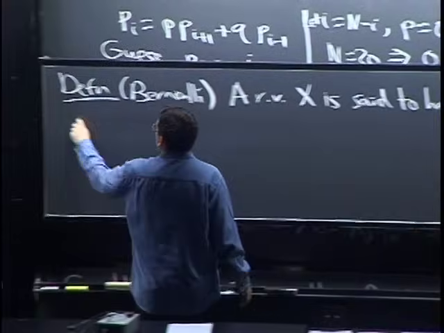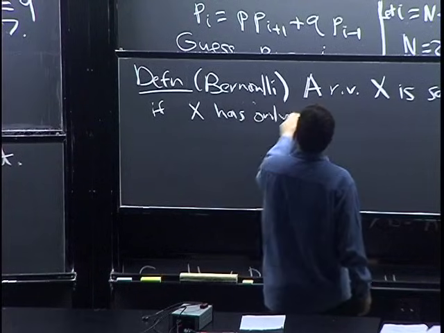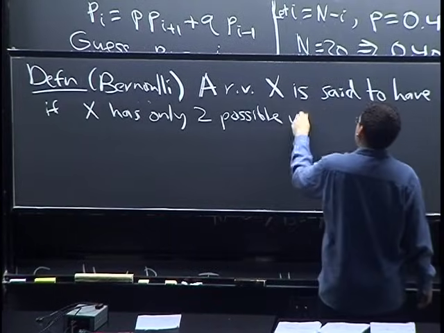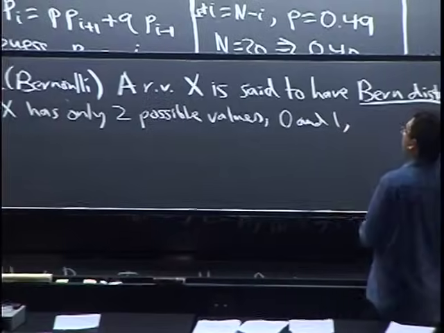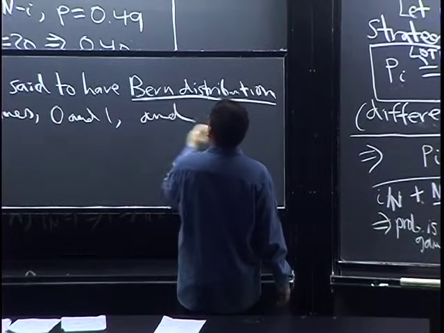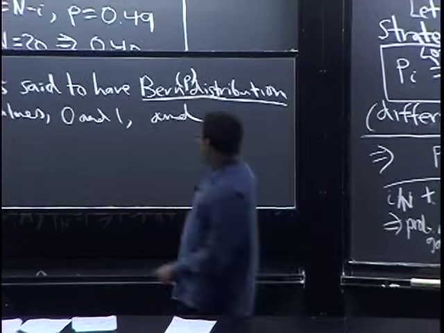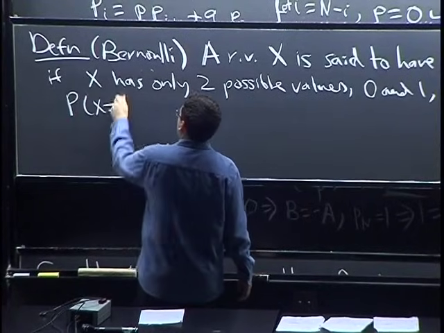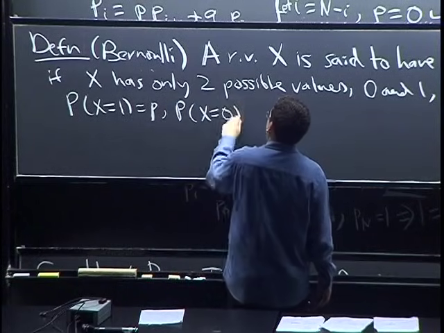If X has only 2 possible values, 0 and 1, I'm going to call this Bern(p), Bernoulli p, if the probability that X equals 1 equals p, and the probability that X equals 0 equals 1 minus p.